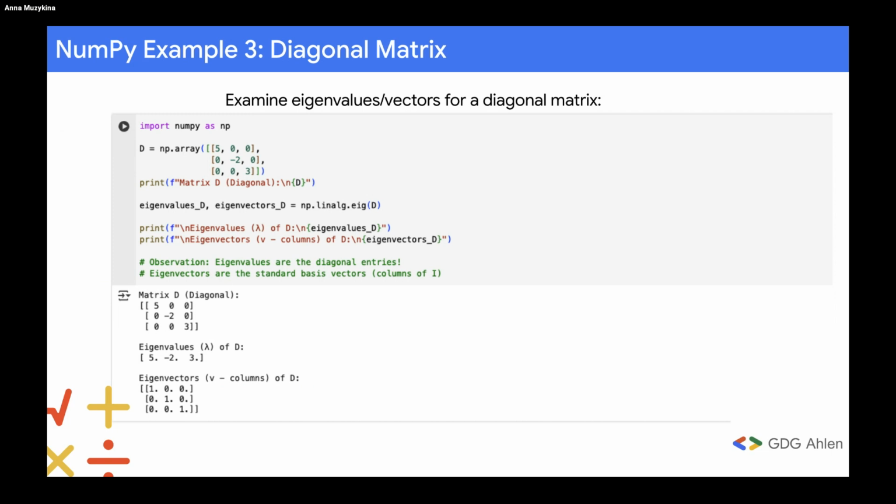This example gives a nice concrete connection between a matrix structure and its eigenvalues and eigenvectors. These are the standard basis vectors, and let's visualize why this makes sense on the next slide.